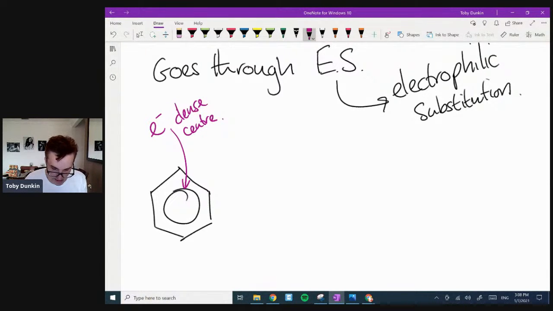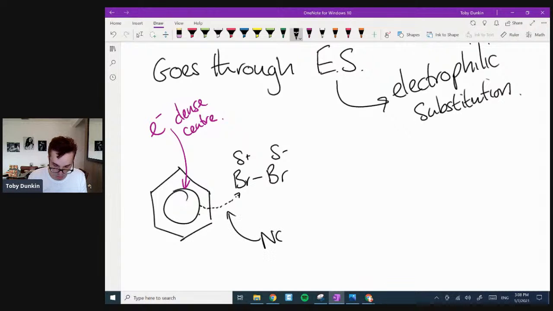Bromine water becomes polarized on collision, but benzene will not reach out, because the electrons are locked in a delocalized system.